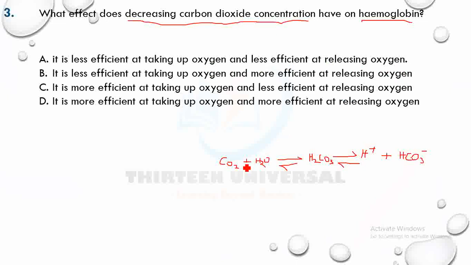Guys, remember that carbon dioxide binds to the terminal amine group of hemoglobin to form carbaminohemoglobin. Is that okay? But because when it dissolves in water protons are formed, protons bind to the same site as oxygen. And that is why in respiring tissue, this is oxyhemoglobin.